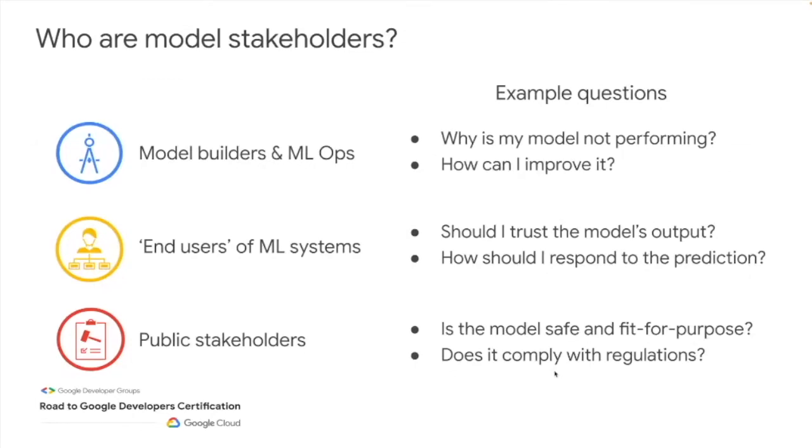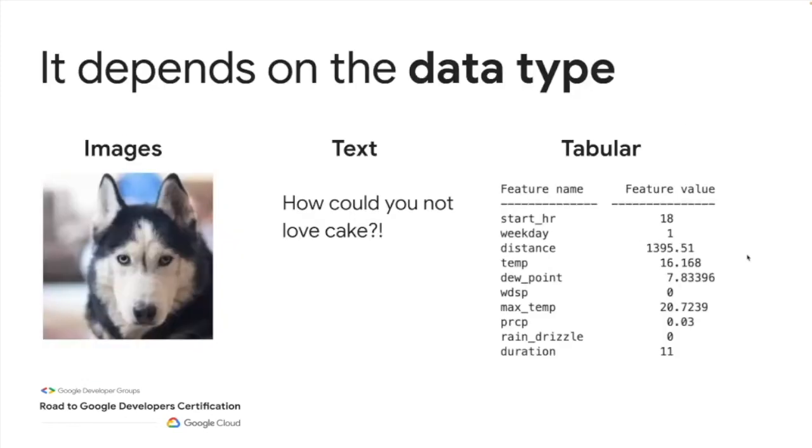Is it easy to use? And is it complying with regulations and ethics and the purpose that you're building it for? Like, for example, my apartment machine model, if it ends up predicting weather rather than the apartment prices, it would be a bad thing.